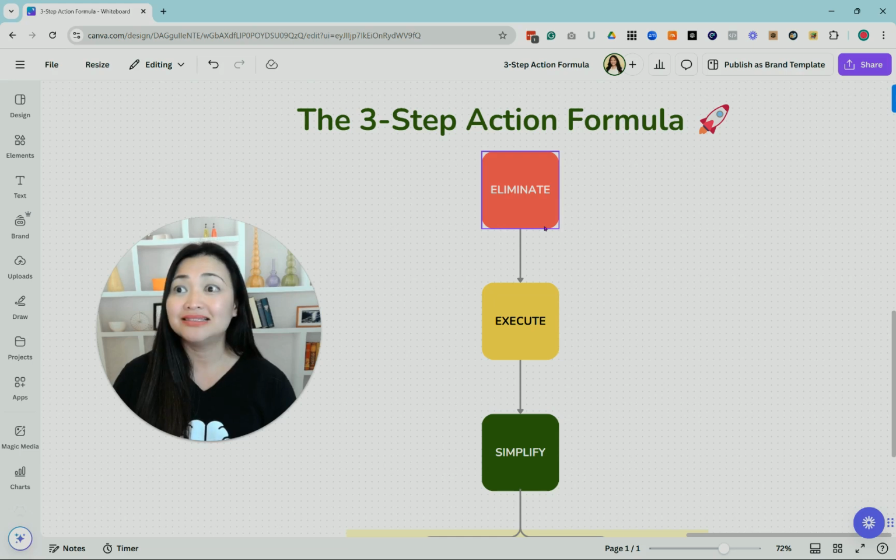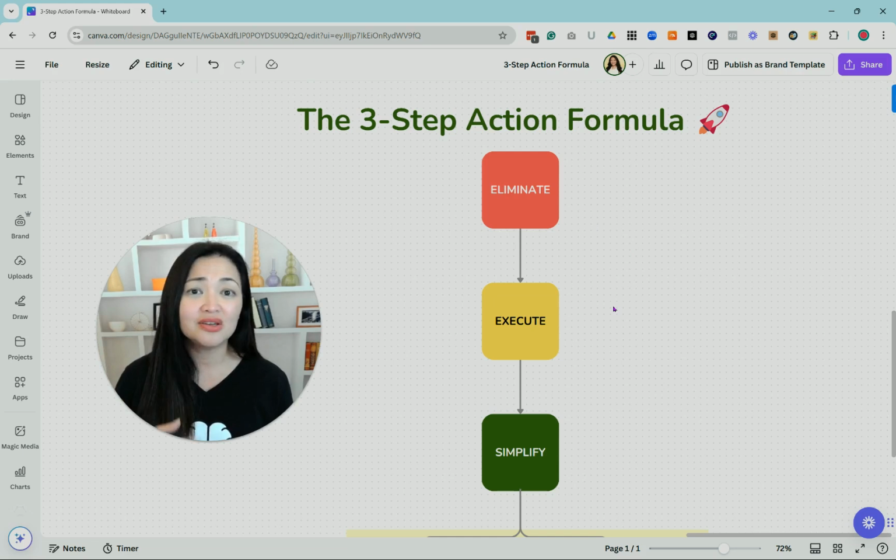Just as an aside, I use this 3-step action formula to teach my kids how to read. My two boys learned how to read before they were 3 years old. That's because I eliminated things that they didn't need to learn or tools that had been taught.